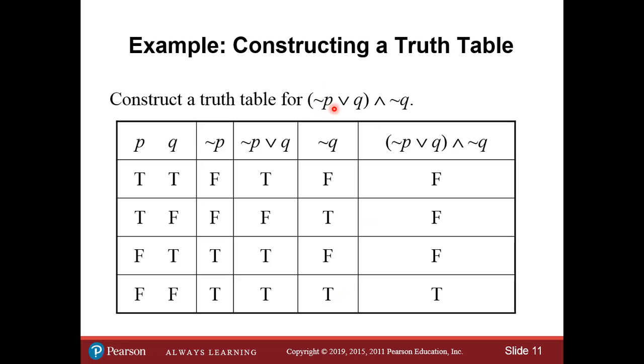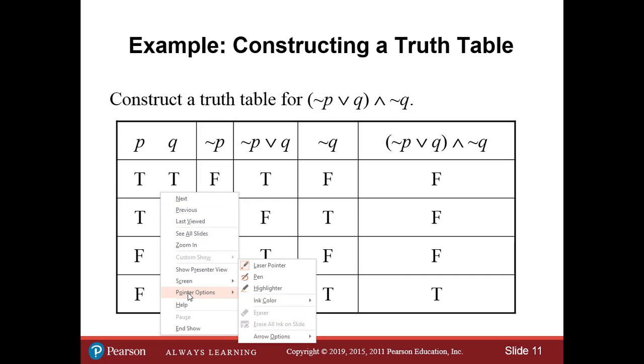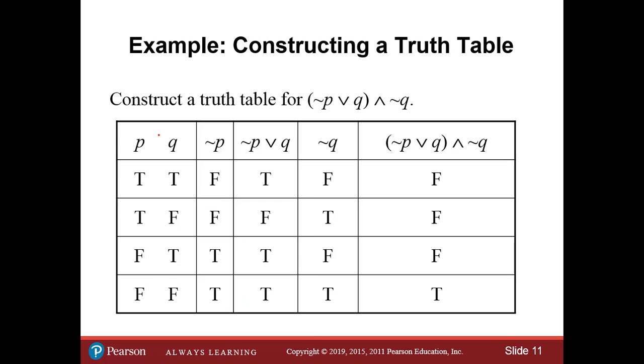Okay, now what about this? This is not P or Q. Well, here's not P and here's Q. So remember, or statements are false only when both of these are false. So what you do is you look at these two columns, and it's an or statement.